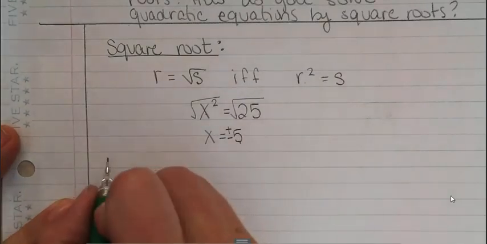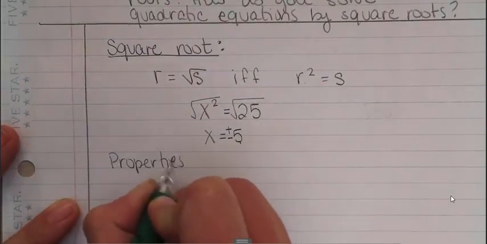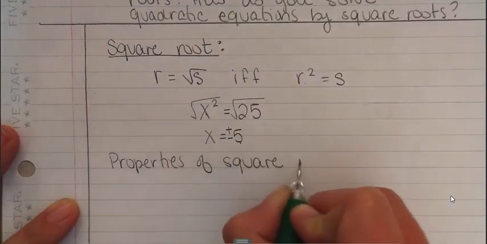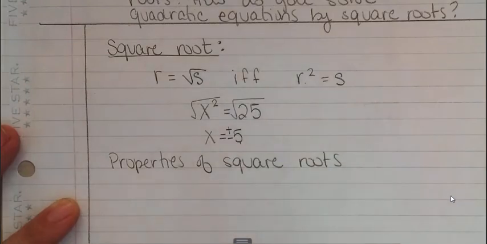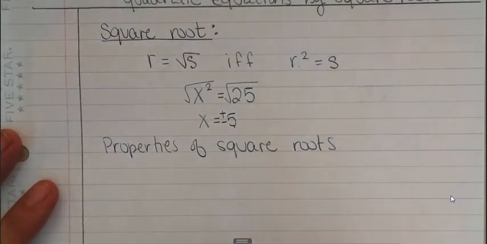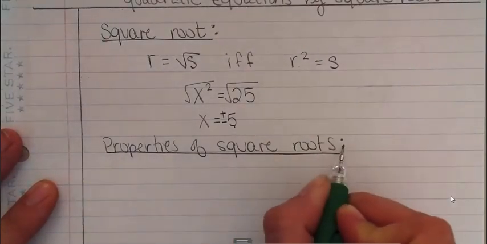So let's talk about properties of square roots. One of them is the product property of square roots, and this becomes pretty handy.